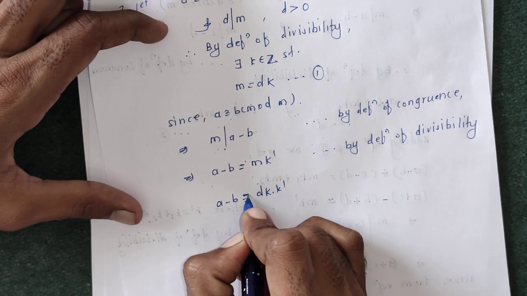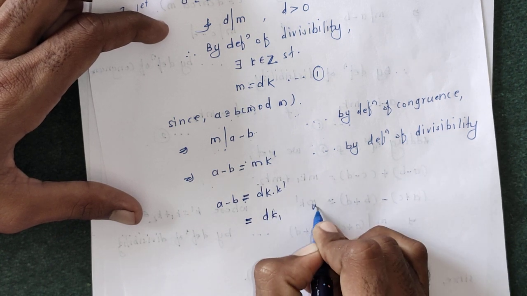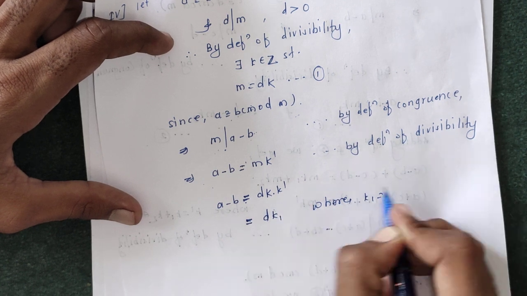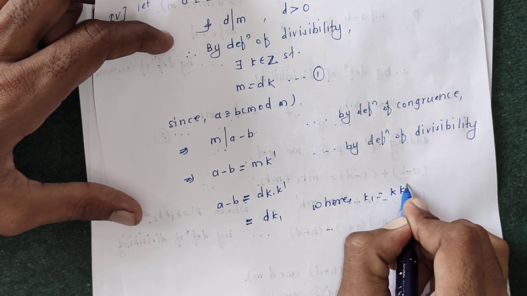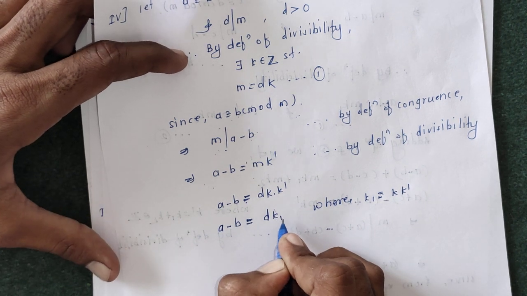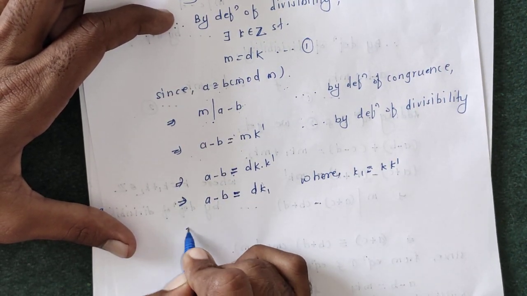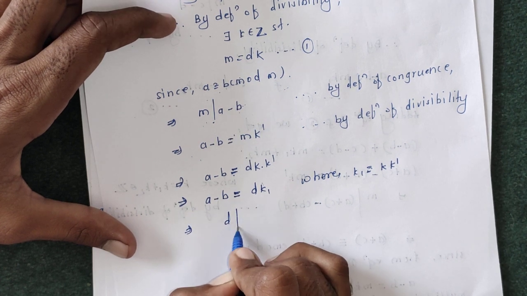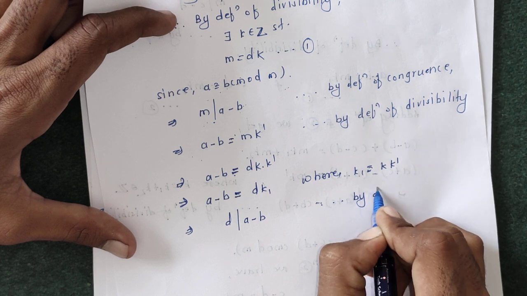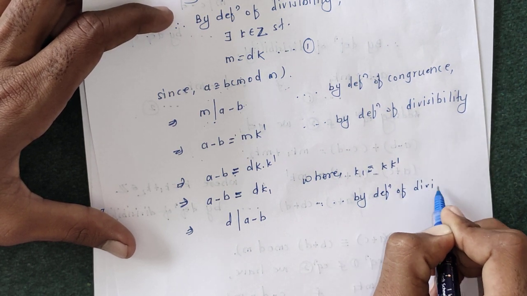So we can write this as d times some k1, where k1 equals k times k prime. Thus we get a minus b equals d times some integer. This gives us d divides a minus b by definition of divisibility.